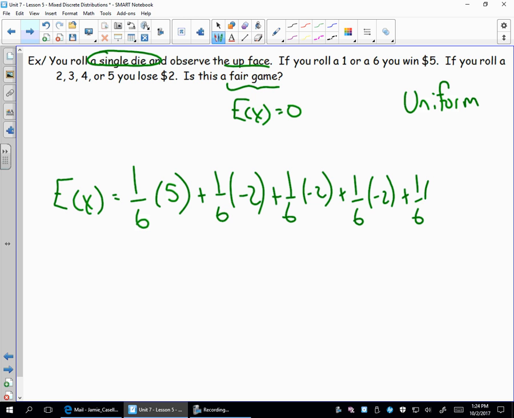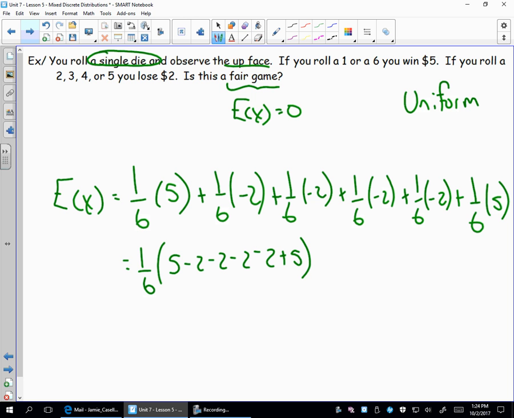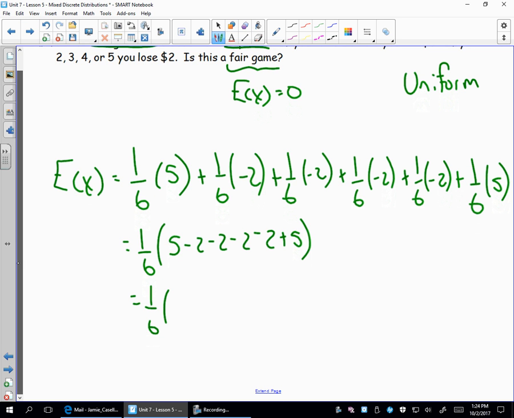A 5, I lose 2. A 6, I win $5. Okay, so each of the cases, or if you will, it's 1/6 times 5 minus 2 minus 2 minus 2 minus 2 plus 5. In other words, 1/6 times 2, which is 2/6.